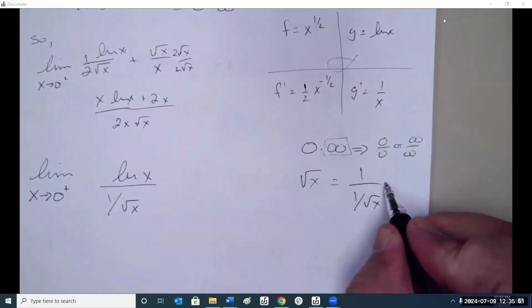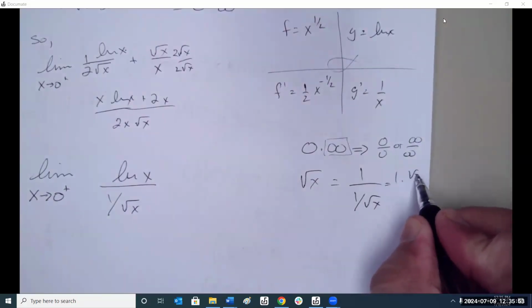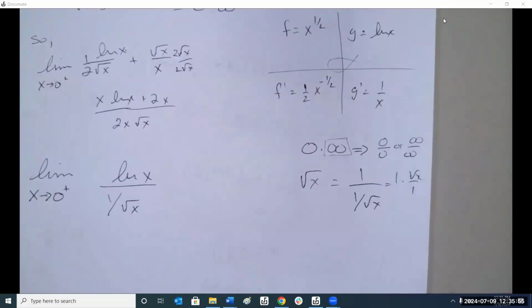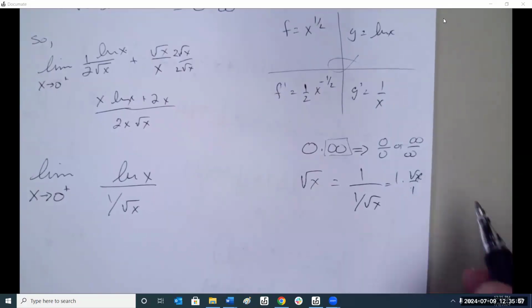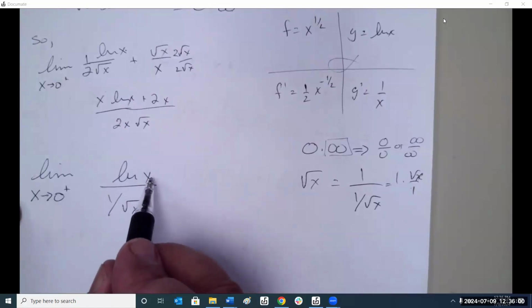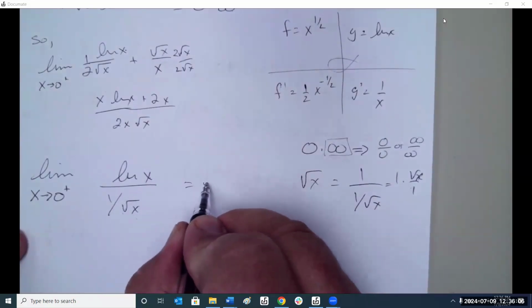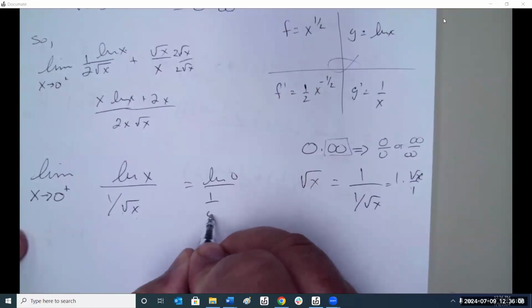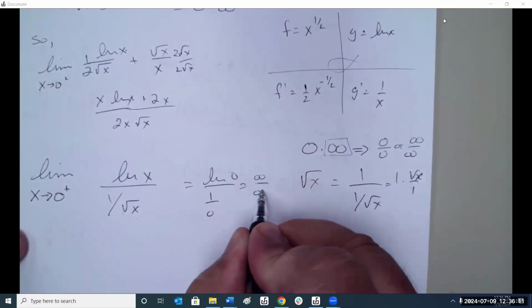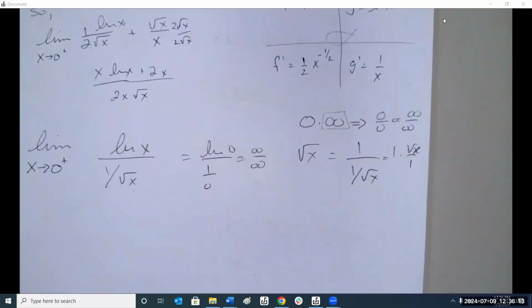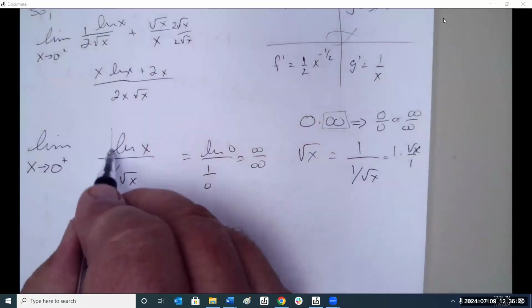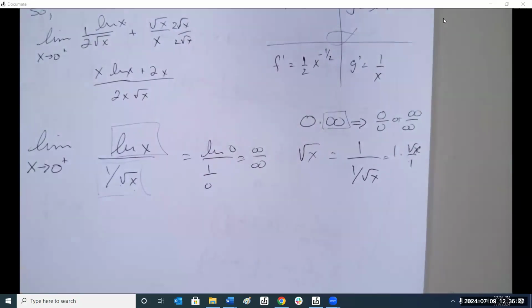Take the top, leave it alone, flip the bottom. So now we have infinity over infinity. Why is that good? Because now we can take the derivative and we know it's going to work. It's going to be much simpler, because we only have one function on top and one function down here to worry about.